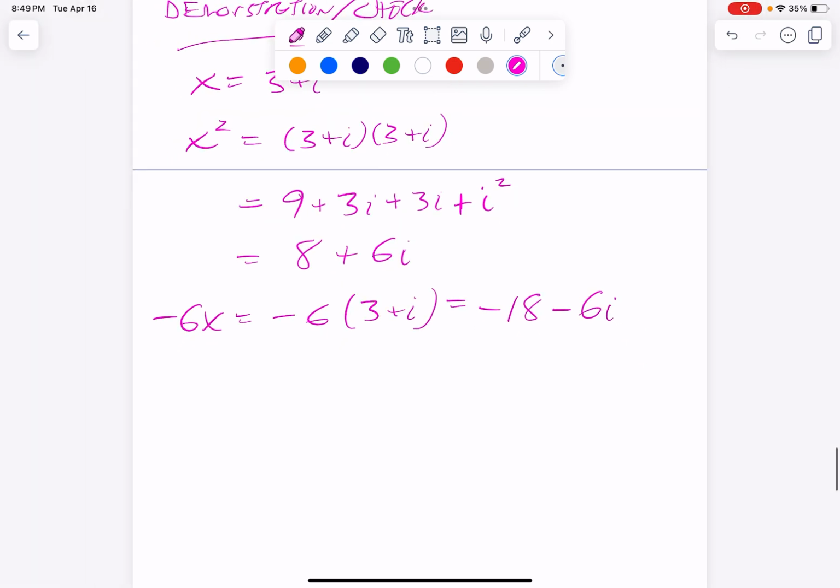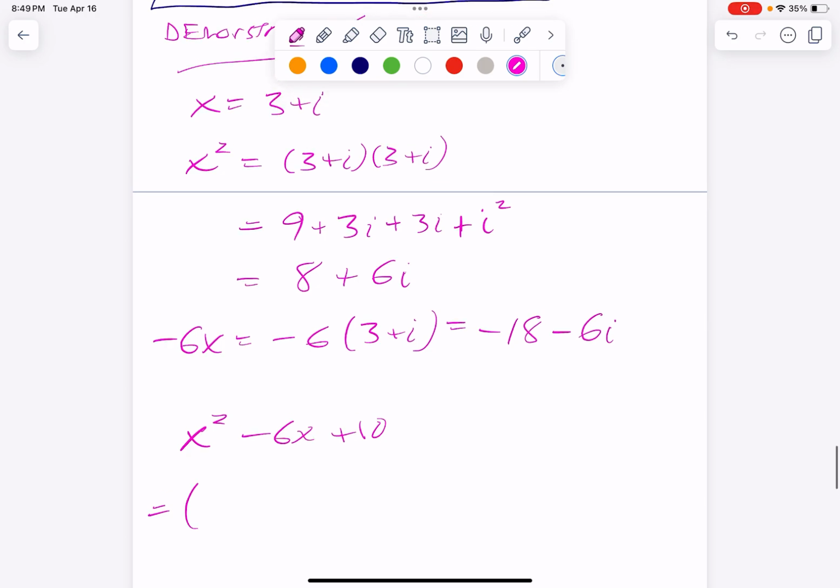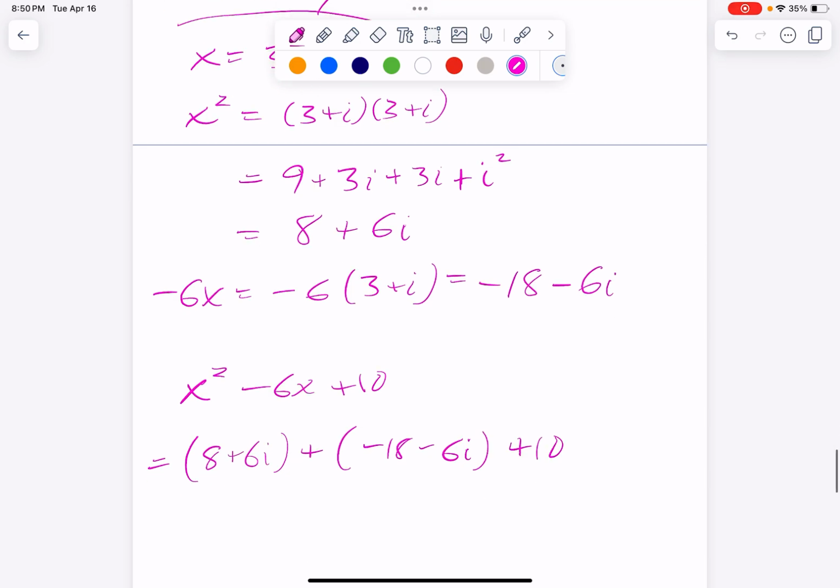So now what we'll notice is x squared minus 6x plus 10. Well, we just saw that for this value of x, x squared is 8 plus 6i. Negative 6x is negative 18 minus 6i, plus 10. If we group our like terms, our real numbers are 8 minus 18 and 10, that's 0.